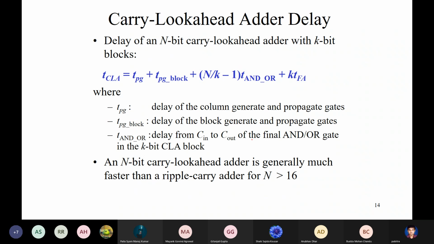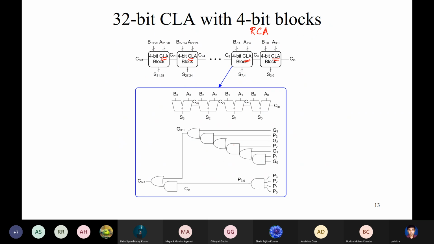So you can easily do the computation. If this is the delay to generate the P and the G, and T block G is the delay of the block generate, so the entire block. And T AND-OR is the delay of the AND-OR gate.